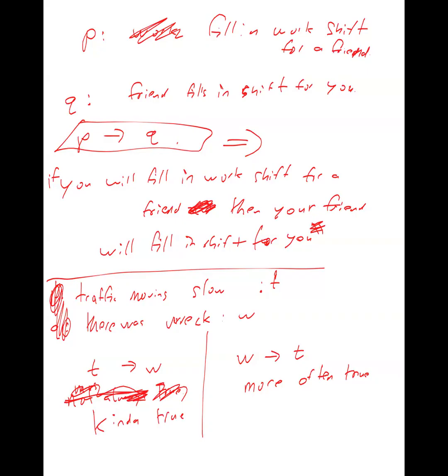So when you're switching the letters in the implies, this is called the converse of the original statement. The converse is taking A implies B and changing it to B implies A. They're not logically equivalent.